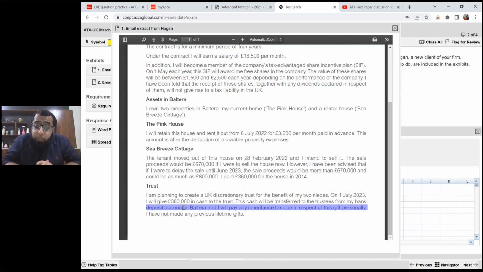Now, since the deposit is in Baltira, it is an overseas asset. I hope you all remember. Since it is a deposit in Baltira, it is an overseas deposit. It will only be subject to UK IHT if Hogan is a UK domicile holder. In IHT, we look at the domicile status. I have not made any previous lifetime gifts.